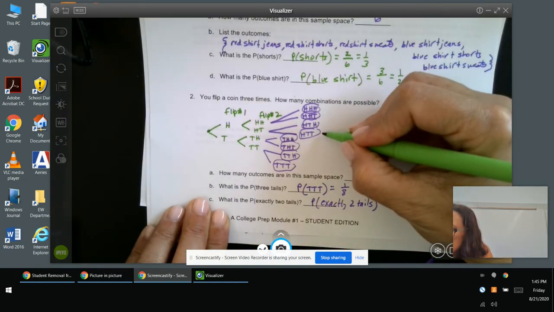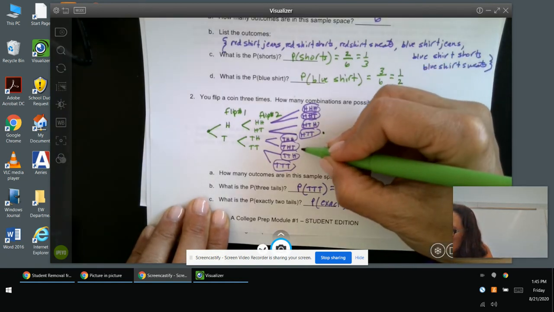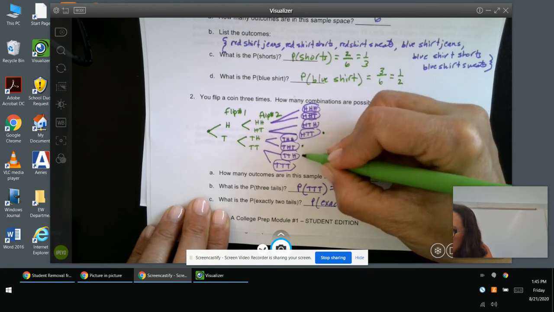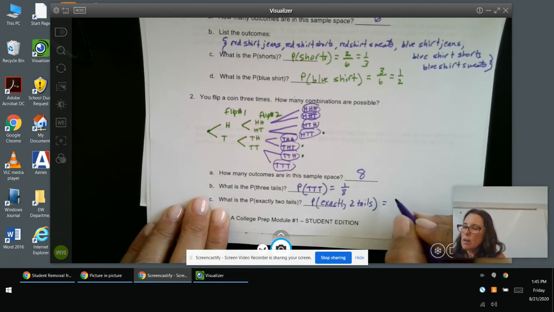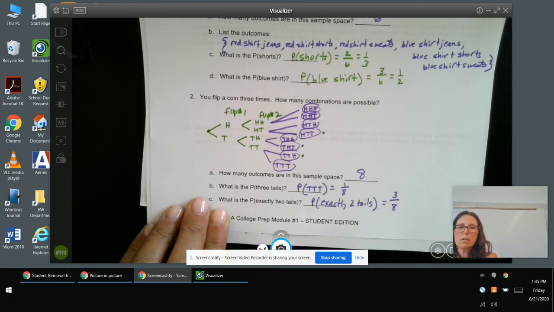I see exactly 2 T's here, exactly 2 T's here, and exactly 2 T's here. All the others have no T's, 3 T's, or 1 T. Do you see 3 dots? There are 3 out of the 8.